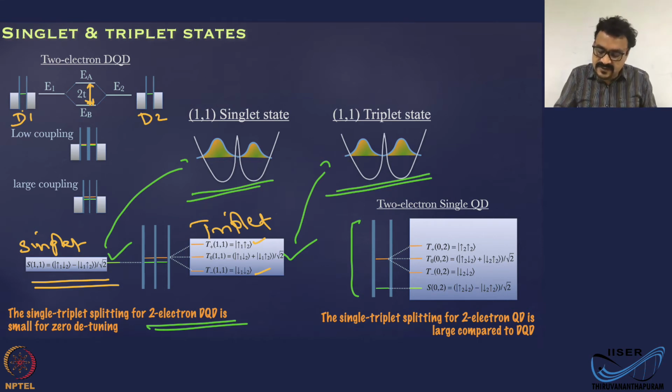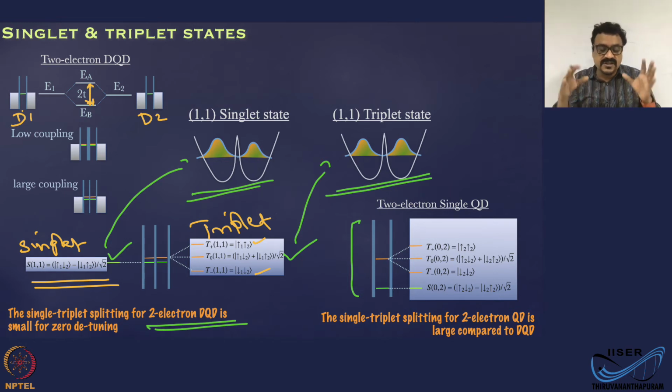Again, the singlet and triplet states are given by the same notation, but these are 0-2 triplet states. The reason I am calling it 0-2 is that you are considering only dot 2 in this case, the right side dot. Dot 1 I am not worried about.